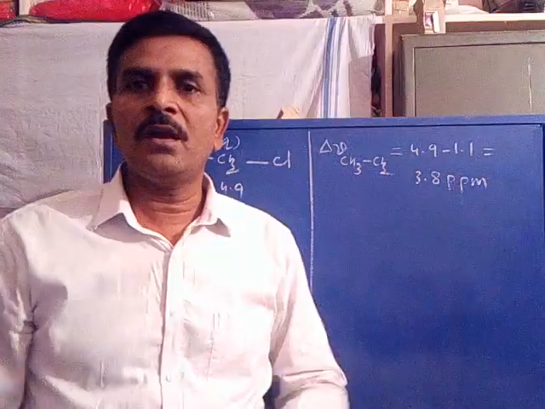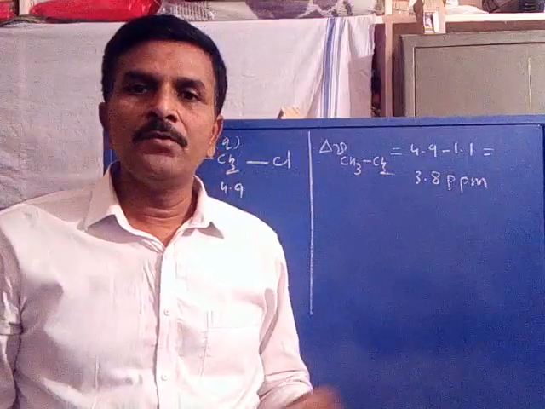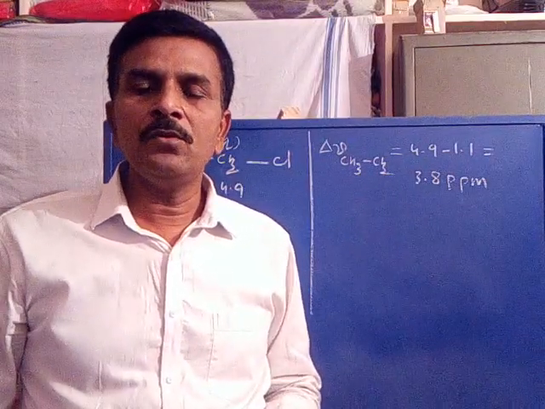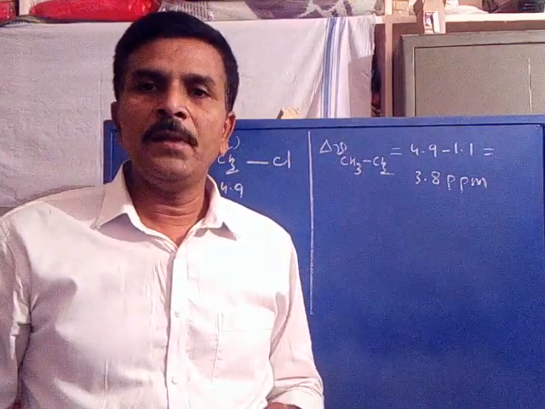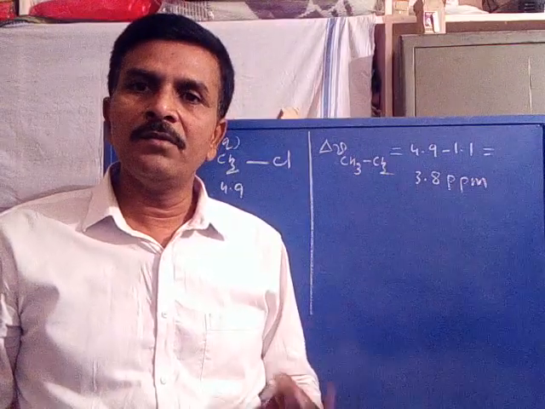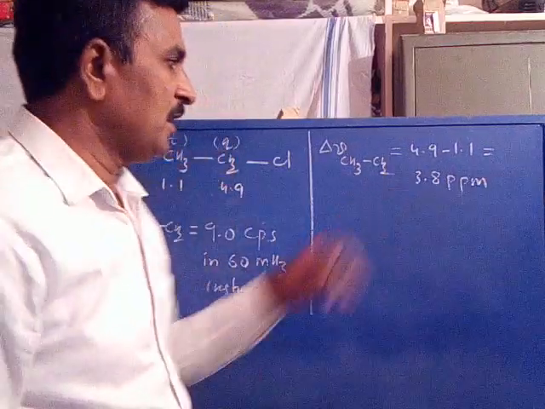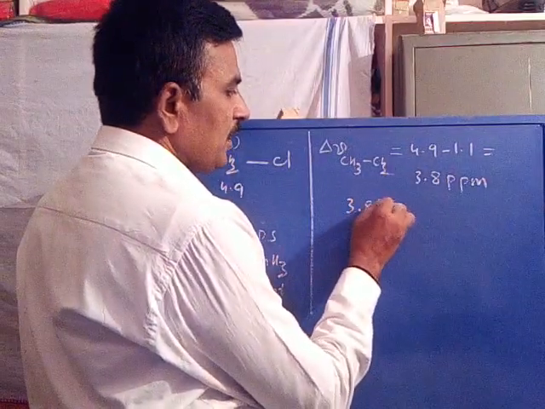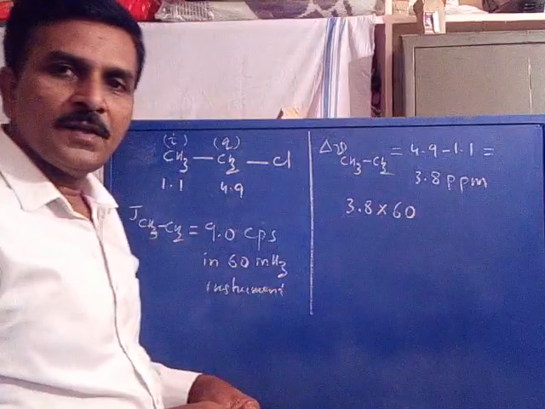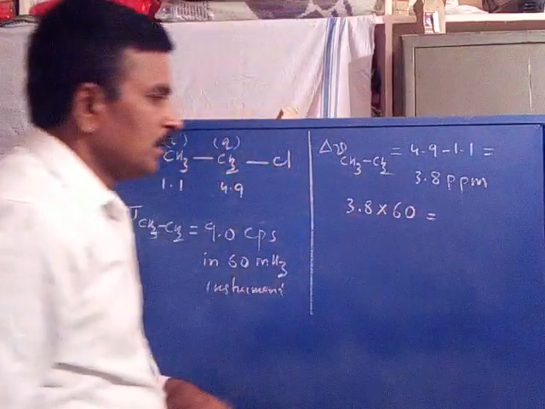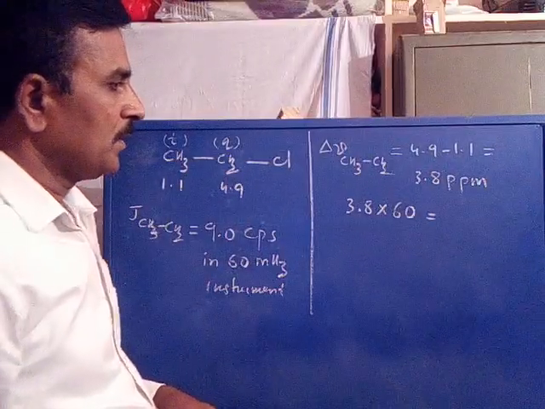To convert ppm units into cycles per second, we should multiply the ppm value with the instrument frequency, that is 3.8 into 60 megahertz, that is 3.8 into 60. Is it clear? It is equal to 228.